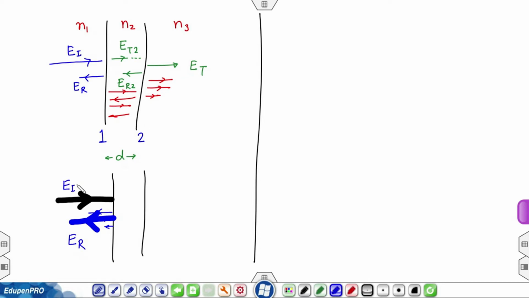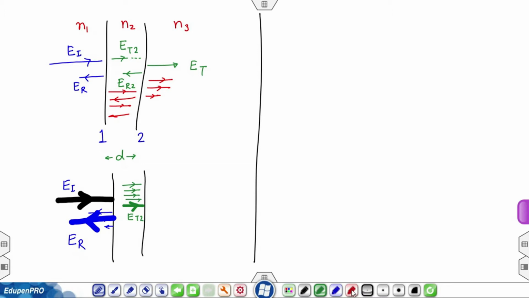Similarly, inside the medium, there are these E transmitted which are multiple. I am again going to replace them by one, ET2 I am writing.